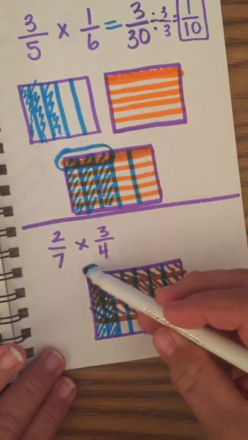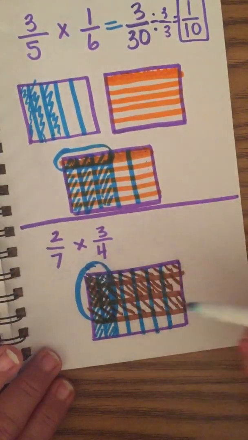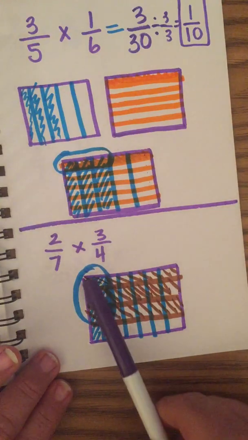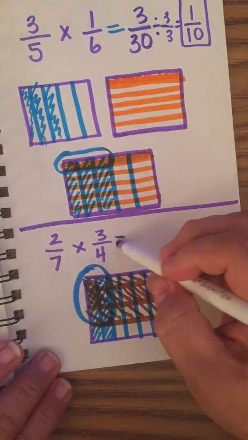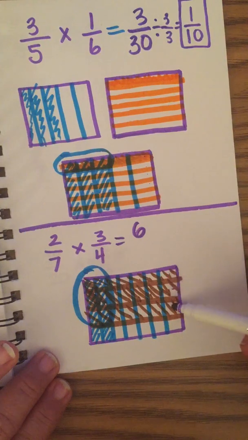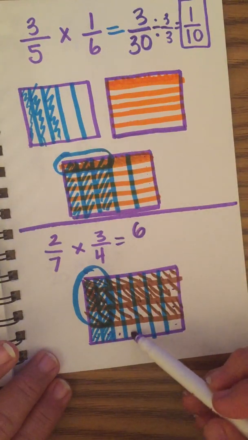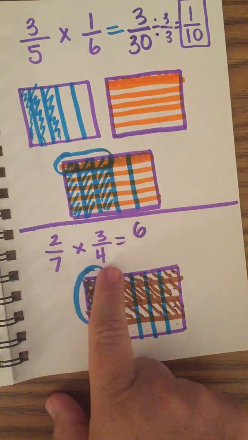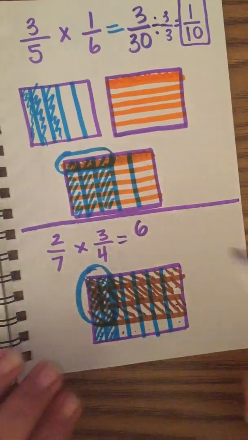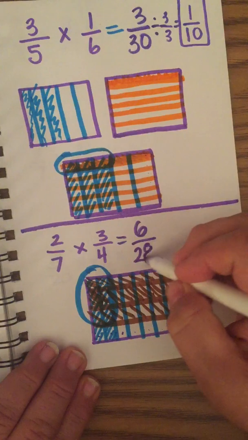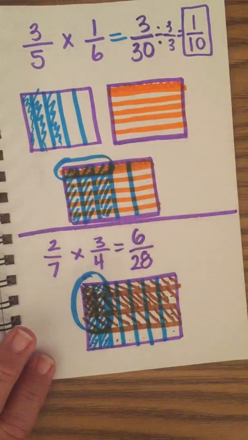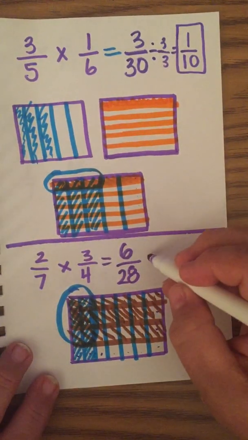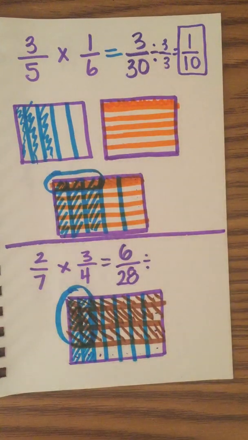And I'm going to look at this overlap right here. And I can see there is 1, 2, 3, 4, 5, 6. Out of 1, 2, 3, 4. 1, 2, 3, 4, 5, 6, 7. It's a 7 by 4, as the denominators say, 7 by 4, which is 28. We also can simplify 6/28. What can we divide by?